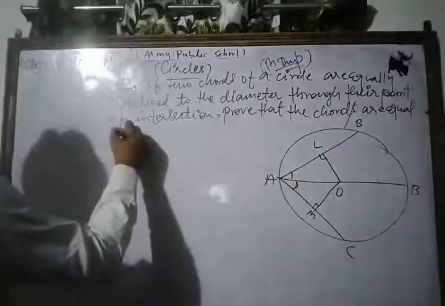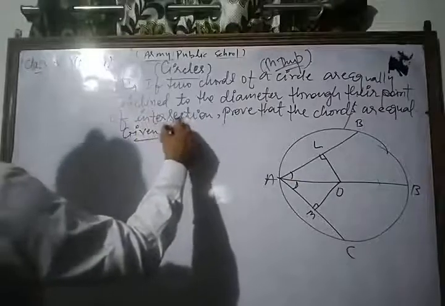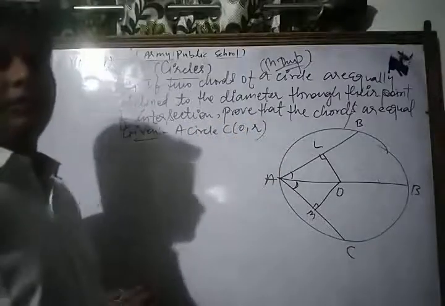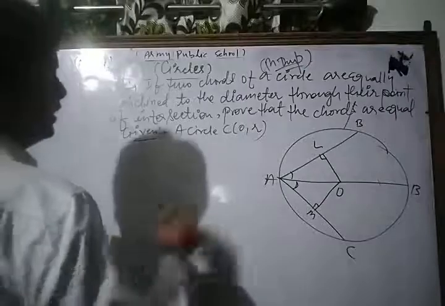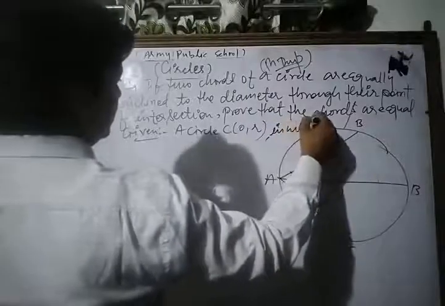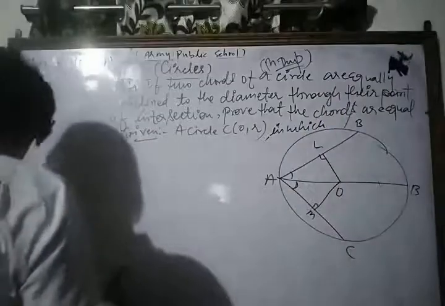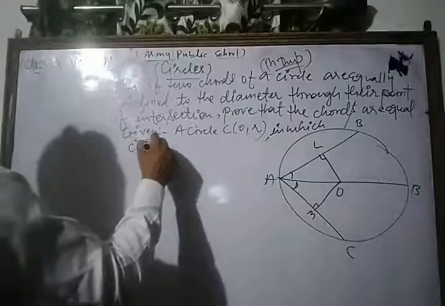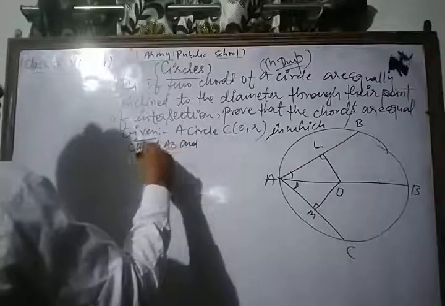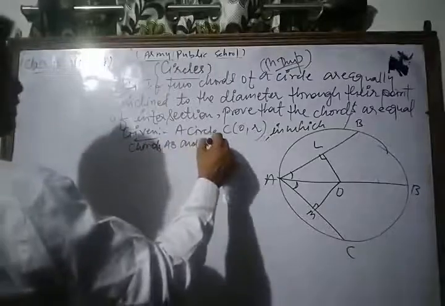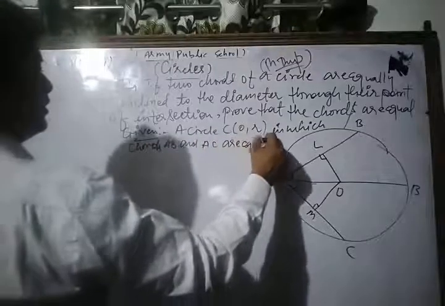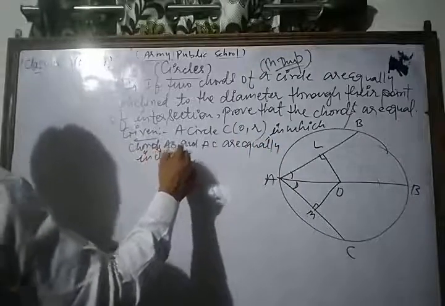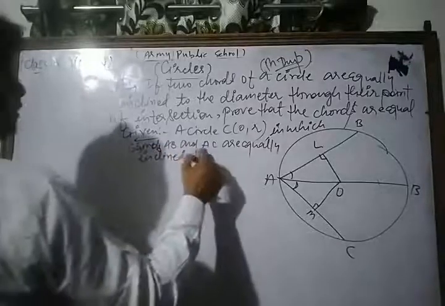Now first of all we write given. Given: a circle C with center O and radius R, in which chords AB and AC are equally inclined to diameter AOD.